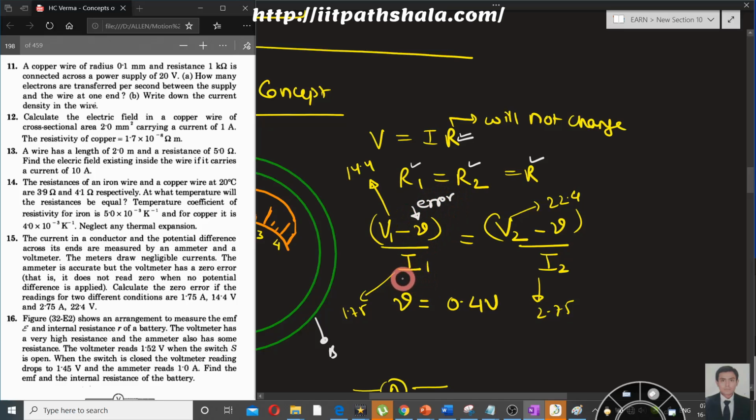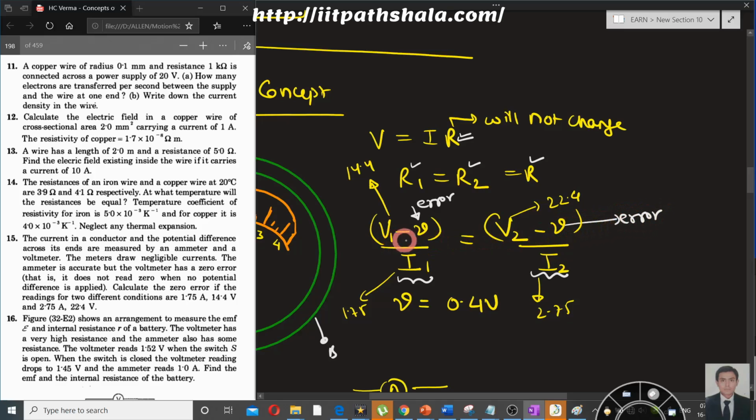Okay, and I1 and I2 will be the same as they are given in the question, because they aren't carrying any kind of error. So if the first case resistance is equal to the second case resistance, then you can figure out the value of this small error v.